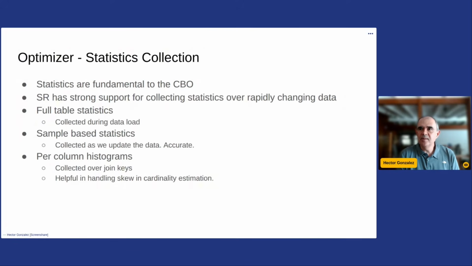If you're executing 10 joins on tables of that size and the statistics are incorrect, the query is not going to work well. We have the ability to do full table statistics and compute sample-based statistics that are updated frequently. Maybe most importantly, we can compute statistics and histograms on individual columns, and we do this for foreign keys. So when we do joins, if there is a skew, the optimizer can catch this information through the column-based histograms.